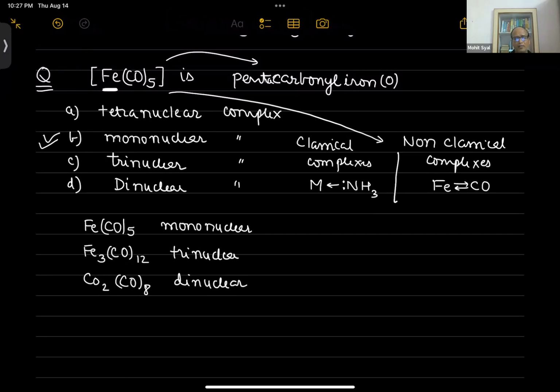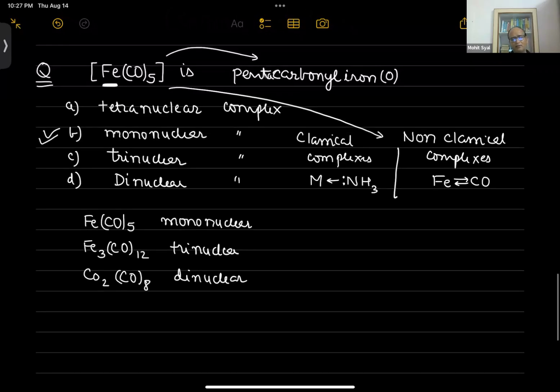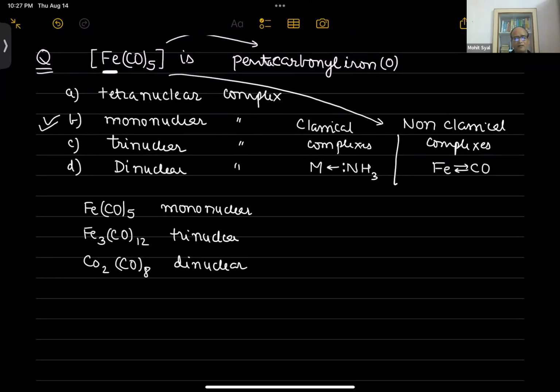Okay, you have a lot of questions on this also. We will cover that once we cover the bonding part, because there is something related to bonding in it. So we need to get through the bonding part. That is very important. Then only we will be able to understand those questions, which are related to carbon oxygen bond length.